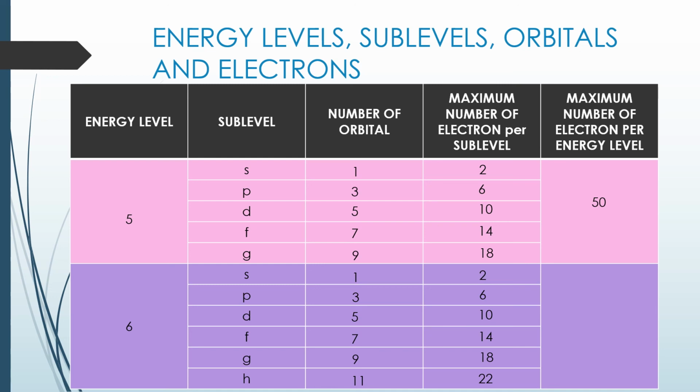If we add 2 plus 6 plus 10 plus 14 plus 18 plus 22, then we have 72 maximum number of electrons for the sixth energy level.